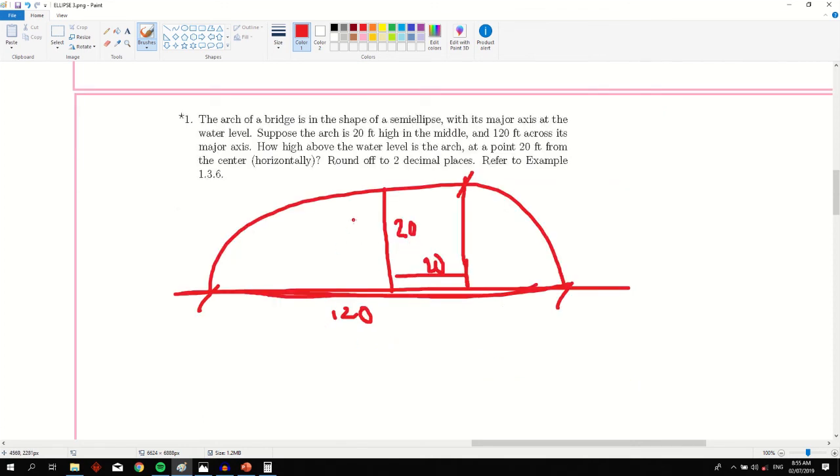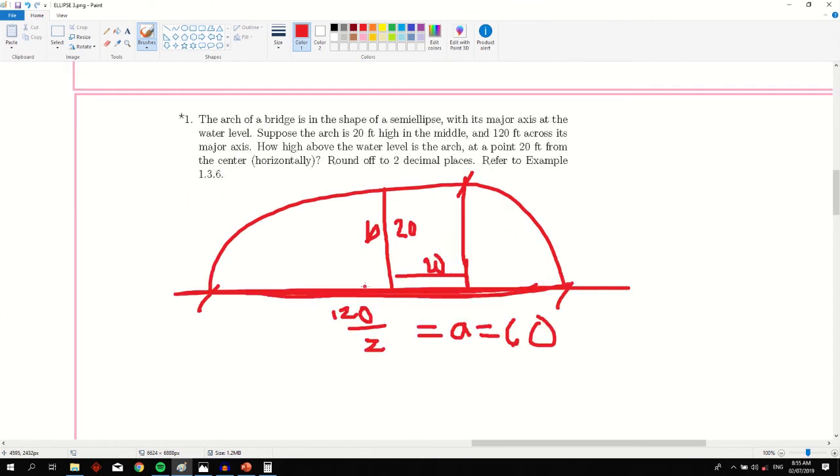Okay, so we have B. Now A is this one. The major axis is 120. So we divide it by 2. So we get A is equals to 60. Okay, we now get the standard equation.